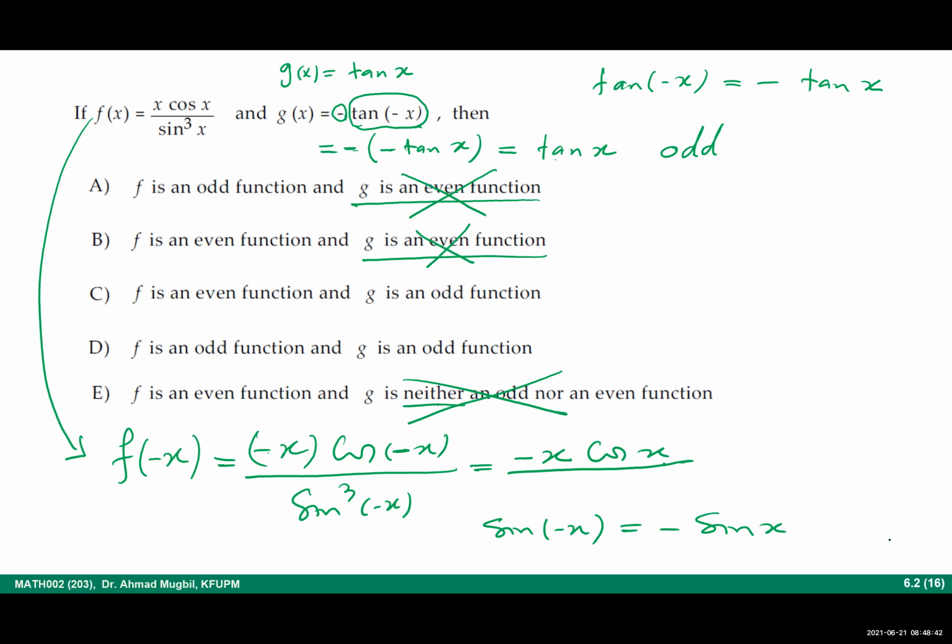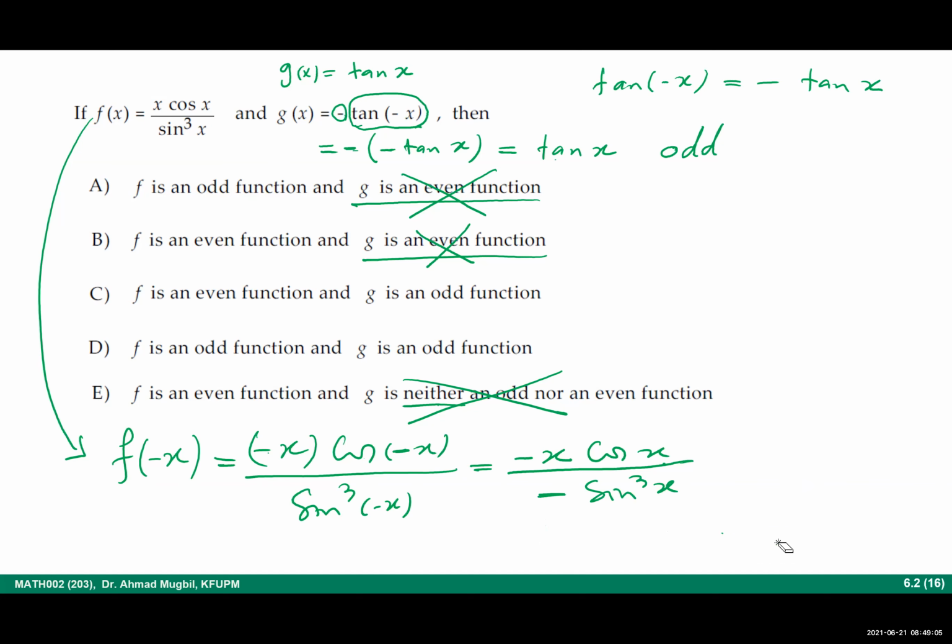Why? Because it is odd. Now when you raise it to the power 3, what will happen? Negative 1 multiplied by itself 3 times will be negative 1. So what I write here is negative sine cubed x.